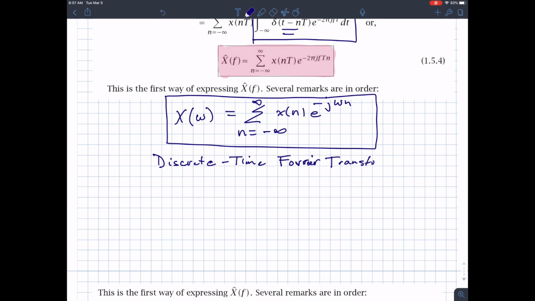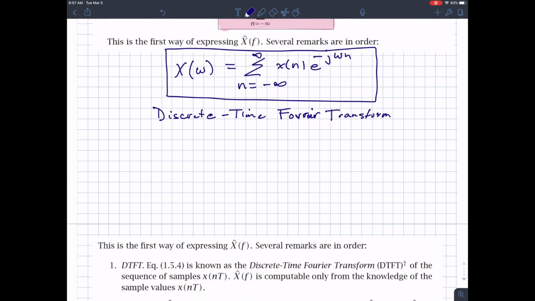I want to pause here and note that this is the discrete time Fourier transform. There's also going to be something called the discrete Fourier transform, and yet something else called the fast Fourier transform.